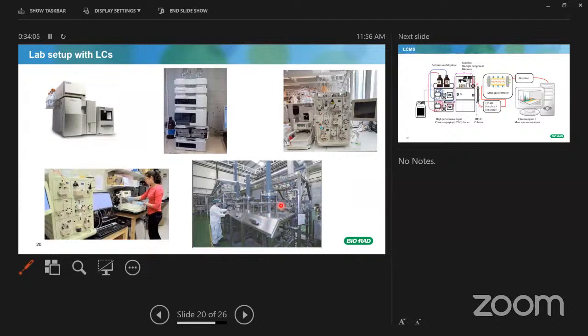These two are instruments for liquid chromatography for biomolecules, which can be proteins, enzymes, those sorts of things. So these are the usual setups you see in the lab on a day-to-day basis for liquid chromatography.